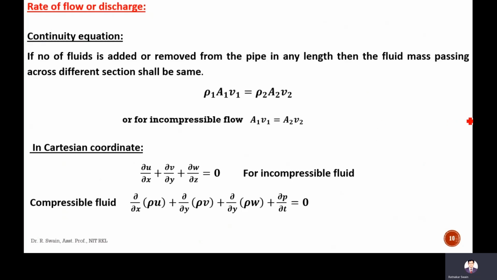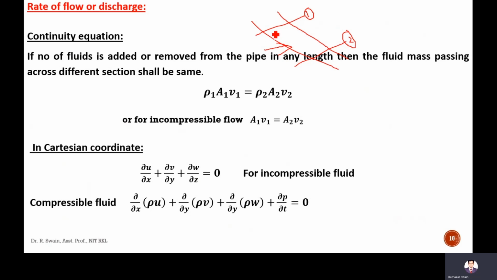Next is rate of flow or discharge, the continuity equation. What is the continuity equation? It obeys the conservation of mass. It says that in a fluid flow, the fluid mass remains constant throughout the flow if no fluid is added or removed from the pipe or the system in between the considered sections.